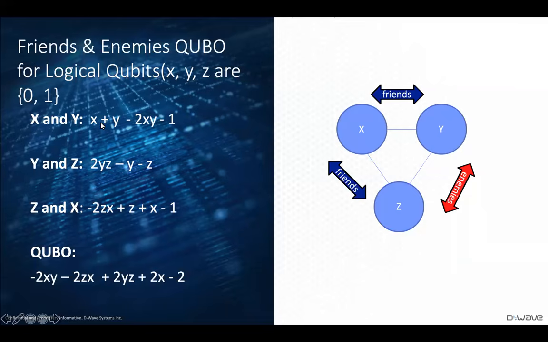So I have this mathematical function, X plus Y minus 2XY minus 1. If Y and Z, I want to be enemies, as I do, it's 2YZ minus Y minus Z. It looks similar, but a little different. It has opposite sign, and then the minus 1 is different. And Z and X, minus 2ZX plus Z plus X minus 1. And I add them together, and there's my QUBO.